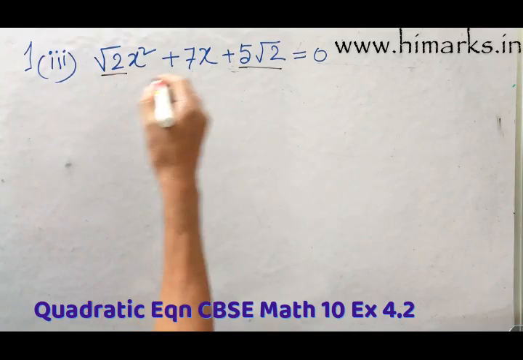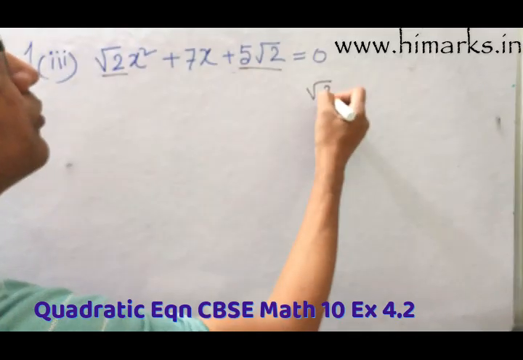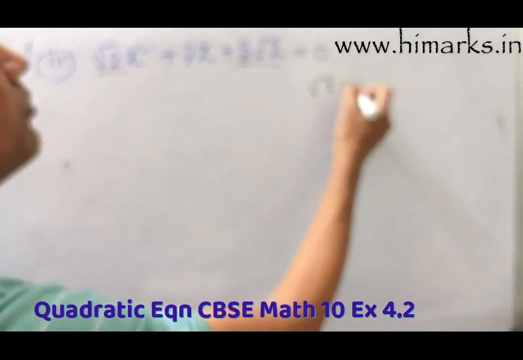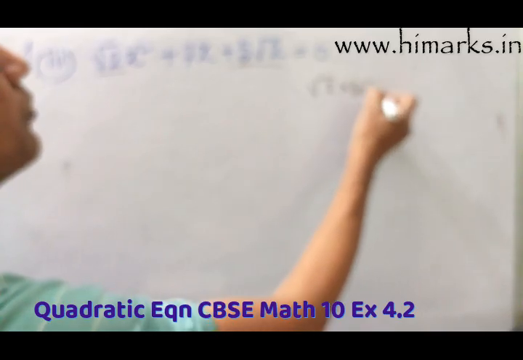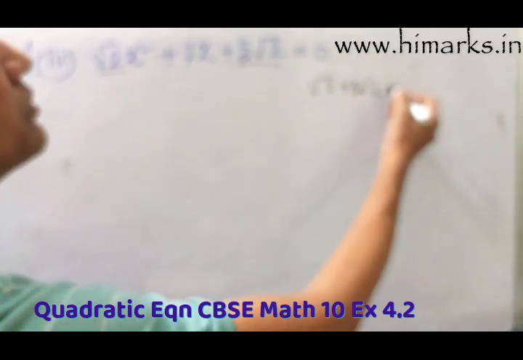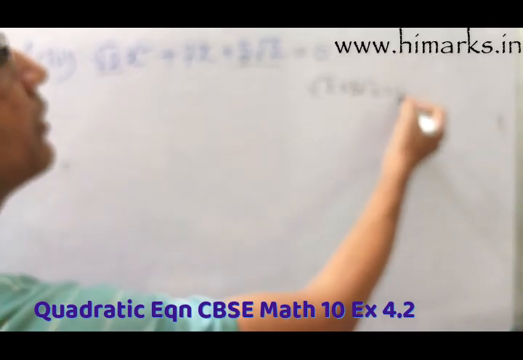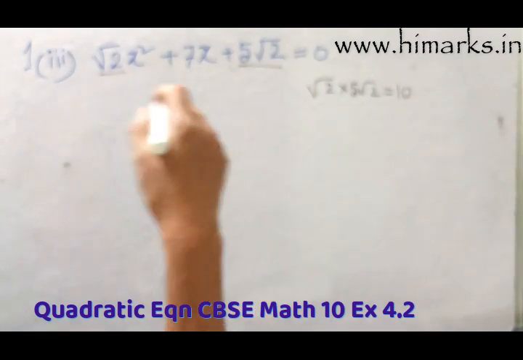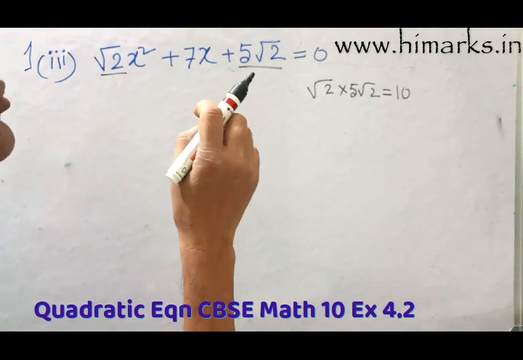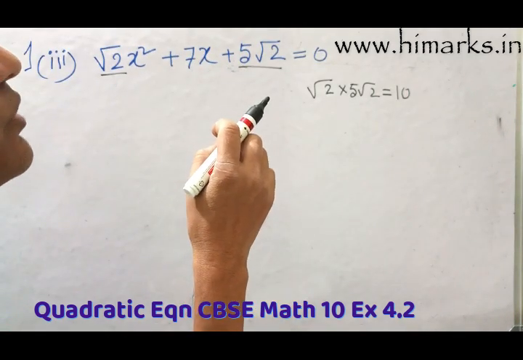Root 2 into 5 root 2, if we multiply, how much do we get? We get 10. Correct. Root 2 into root 2 will give you 2, so 5 into 2 is 10.